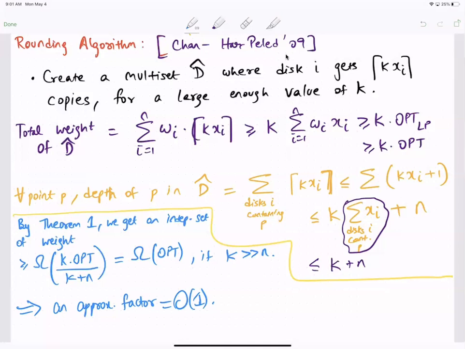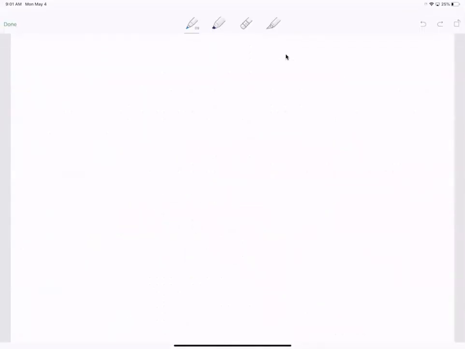So one final remark I should make is, if the union complexity of your objects, here we looked at this, right?